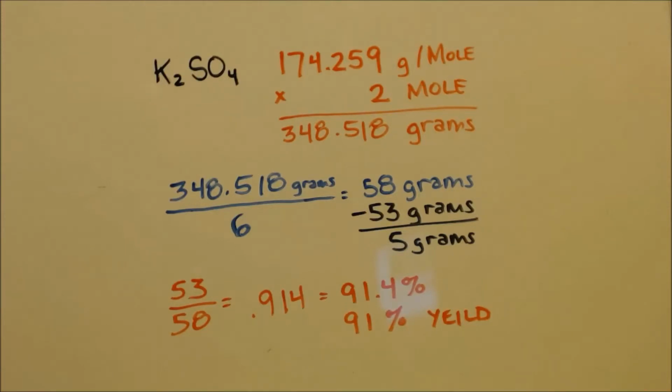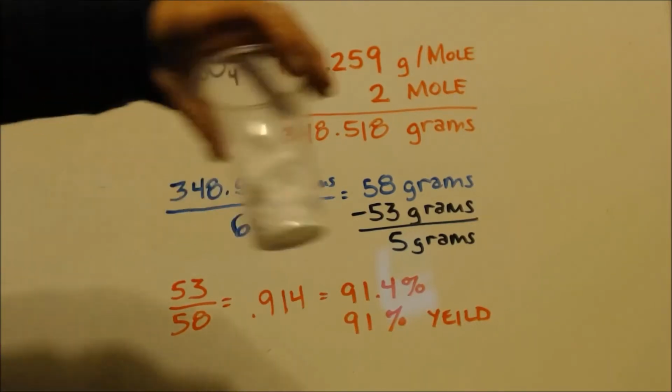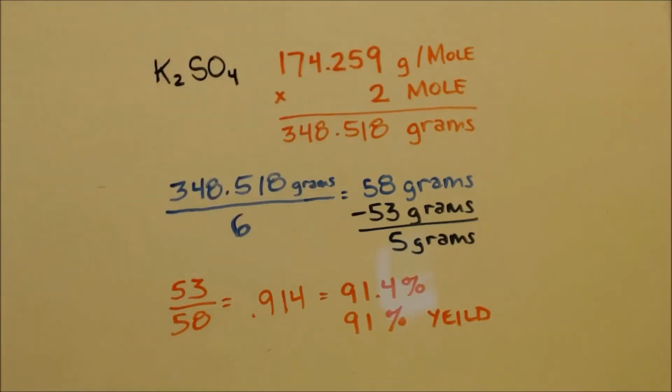And keep in mind, some of it probably got stuck in the filters getting the MnO2 out, and some of them I didn't wash. I should have washed them all with water, and I didn't. So that's probably where the loss came from, because I did not recrystallize this. I just basically evaporated the water off, because I have a whole bunch of this stuff from other experiments.